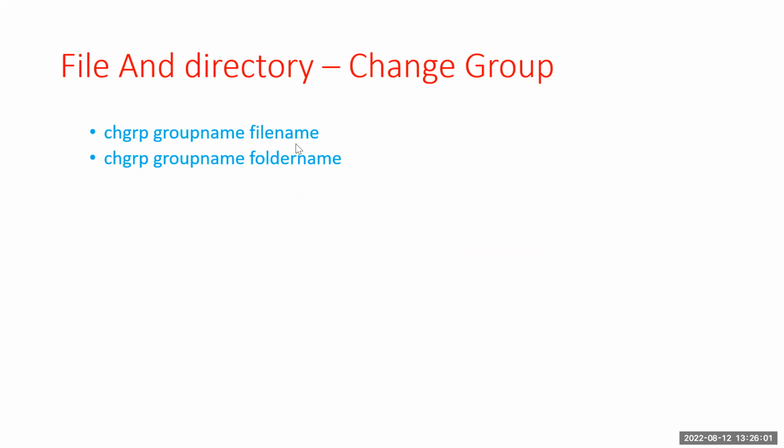If you change the group for a file, then that group is only applicable for that file. But if you do it for a folder, all the files under that folder would have the new group name. So the first one is for just a specific file, and this is for all the files under that folder.